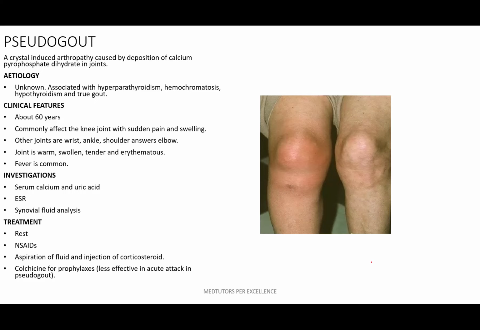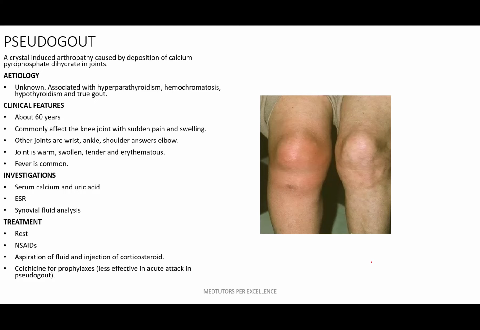ESR is elevated. Now, when you do a synovial fluid aspirate, you have elevated calcium pyrophosphate dihydrate in it, unlike gout.